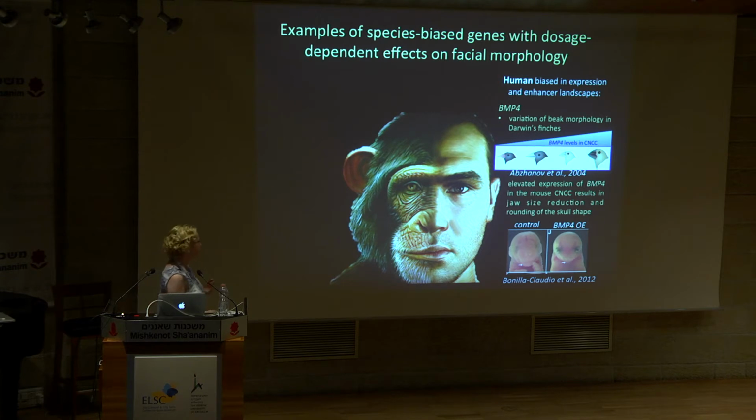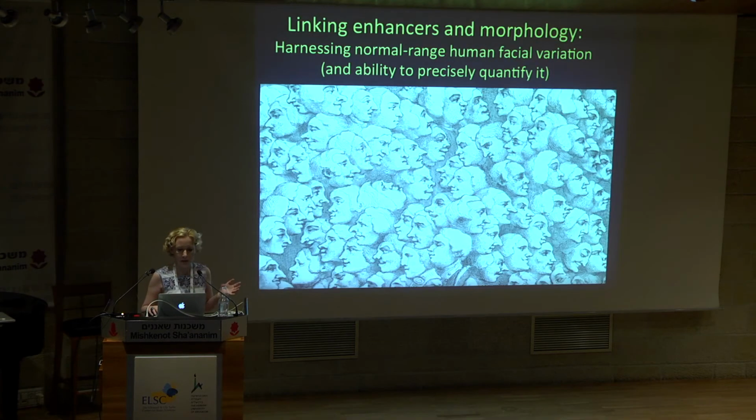So this illustrates that perhaps some of the changes in regulatory landscape can be modeled in the mouse. So mouse is not a completely hopeless model, and we're now following up on some of those by chimpanzeeizing or humanizing the regulatory landscape. But we also have to admit that mouse is not a great model for studying human facial morphology and its variation. So what is the alternative?